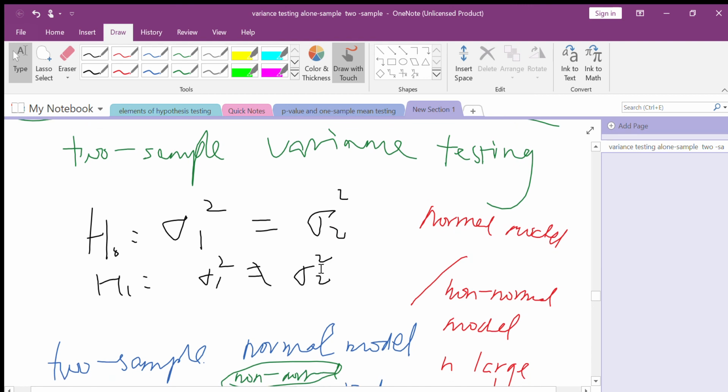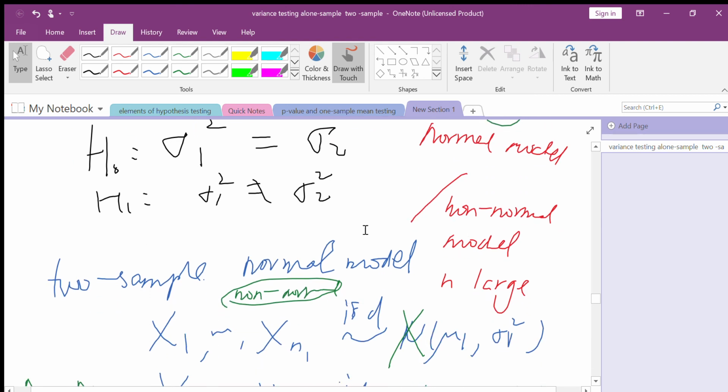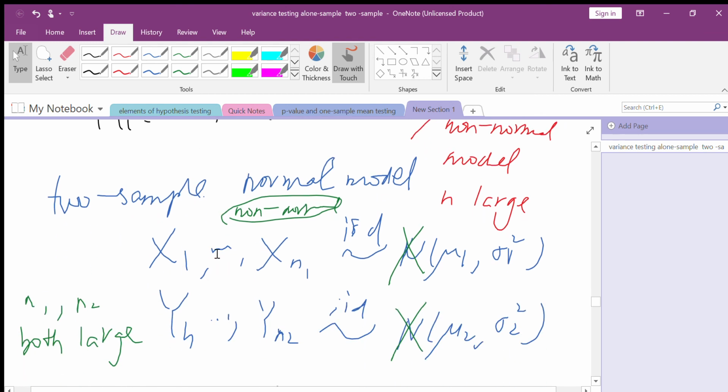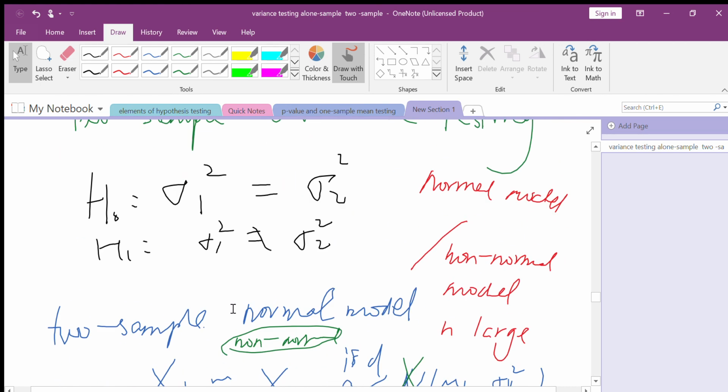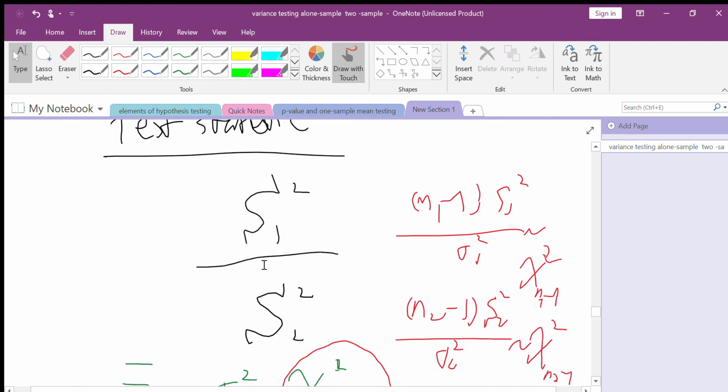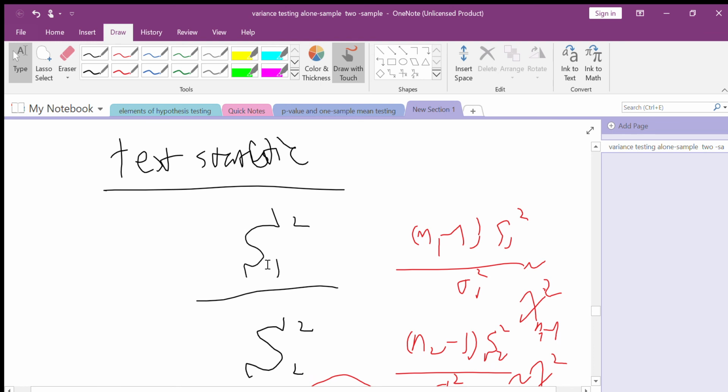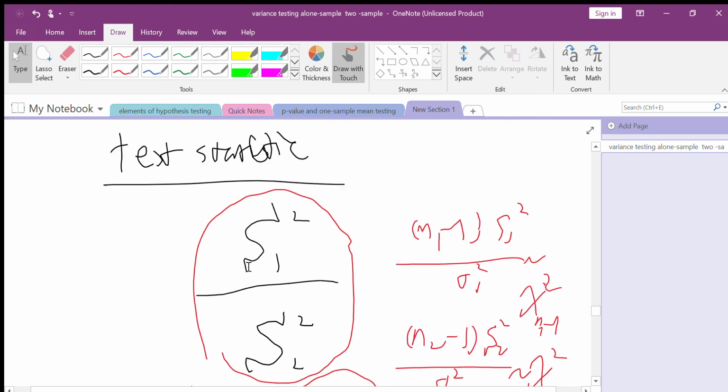For two-sample variance testing, for normal model and non-normal model with large samples, we have two samples, each following a normal or non-normal model, with n1 and n2 both large. We use this test statistic, another new knowledge: the ratio of sample variances.